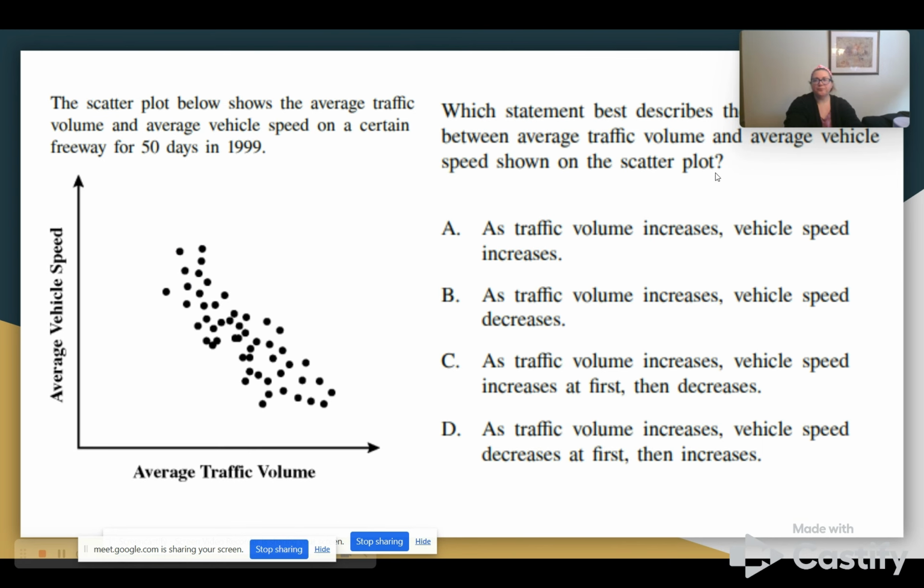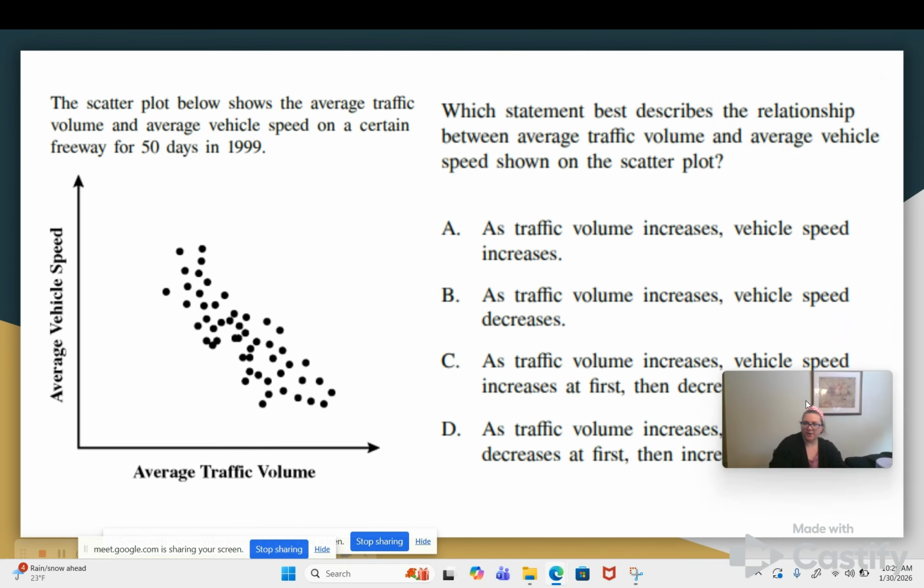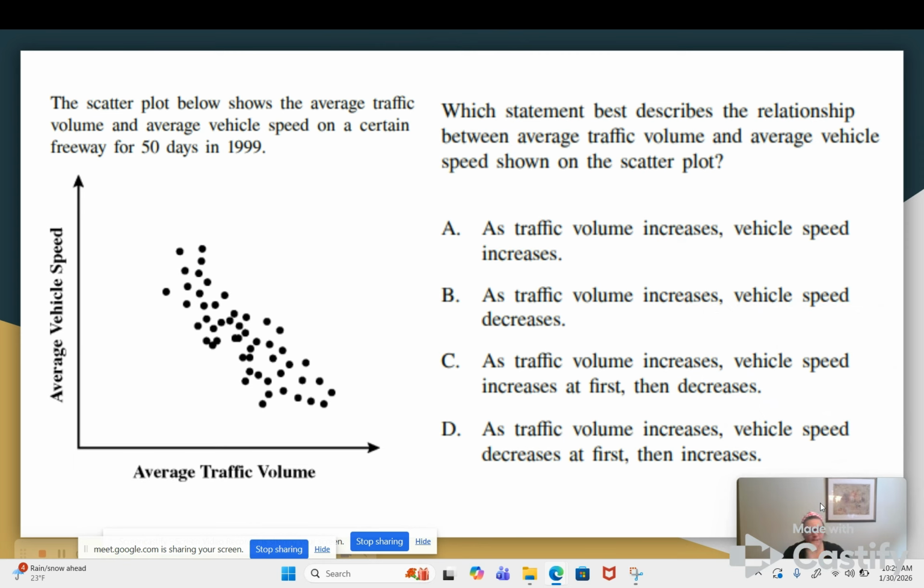All right. So, important here, being able to interpret our scatter plots. This says, the scatter plot below shows the average traffic volume and average vehicle speed on a certain freeway for 50 days in the year 1999.